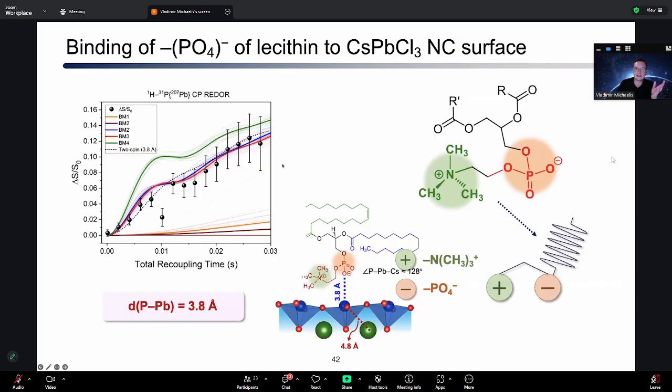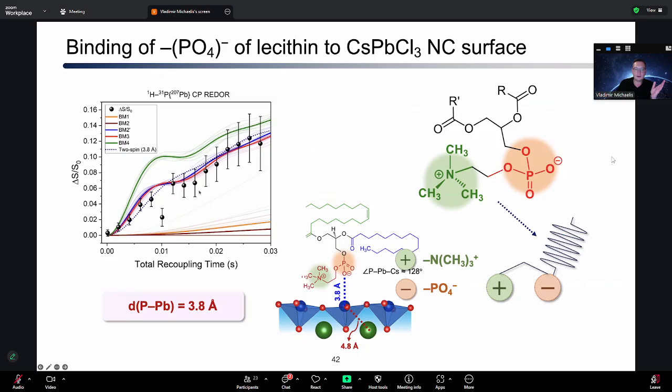If we switch this now and we look at phosphorus and lead, what phosphorus is doing is, are there any lead neighbors near it? What you can see through these fits is that you do have a fairly good distance of about 3.8 angstroms. Now, these are binding modes that we did computationally. I'll show that to you in a little bit.